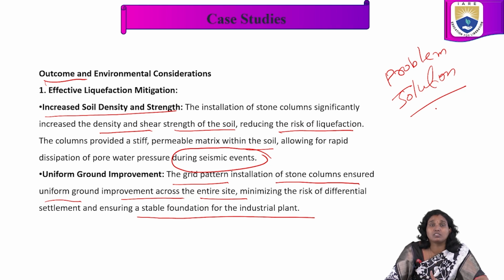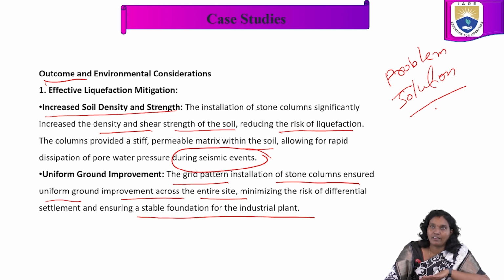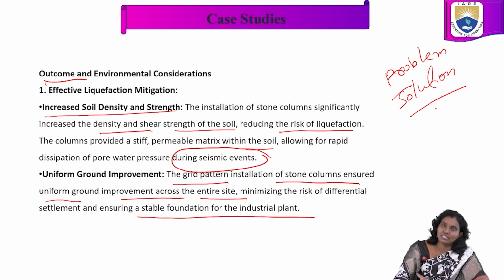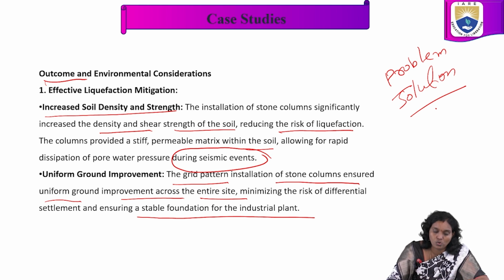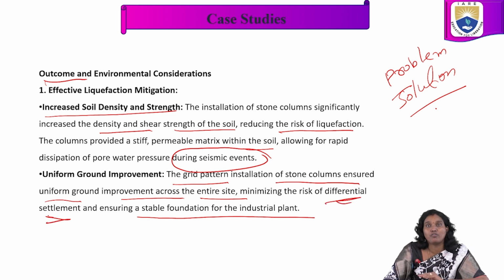The stone columns provide the stiff and permeable matrix within the soil, and the grid installation ensures uniform ground improvement across the entire site. It may reduce the differential settlement and ensure a stable foundation for the industrial plant.